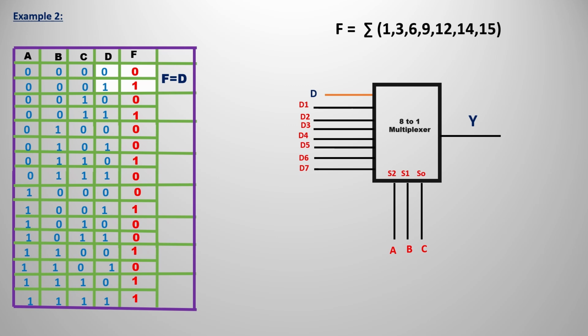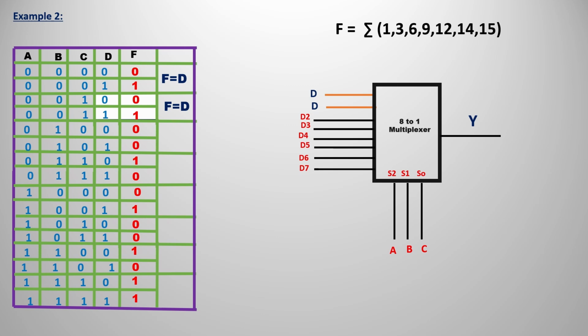That is not changing, so the output F can be represented as D itself. So F is equal to D. In the 8x1 multiplexer, I have directly connected D to the first input, so when the select lines are 0 0 0, D is selected.